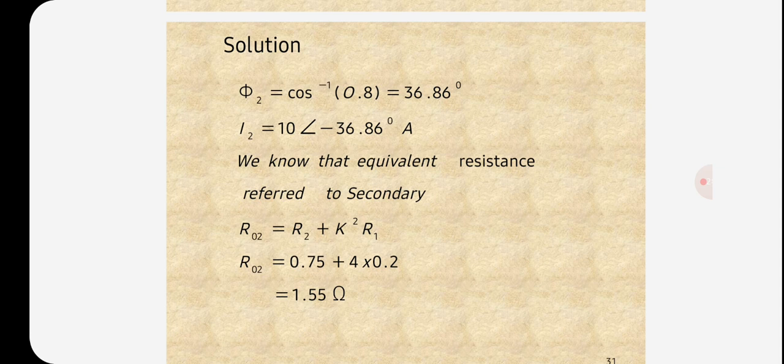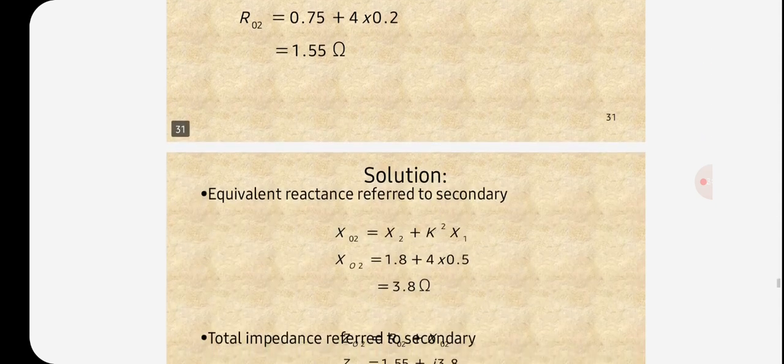We know that the equivalent resistance referred to secondary, R02, is equal to R2 plus K square R1. So R02 is equal to 0.75 plus 4 into 0.2. After calculation we will get R02 is equal to 1.55 ohms.